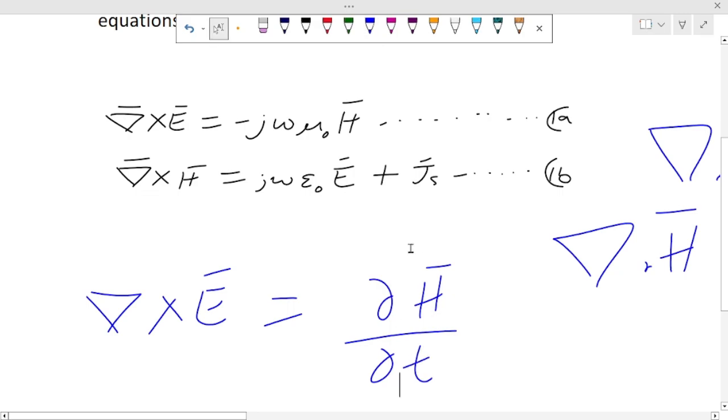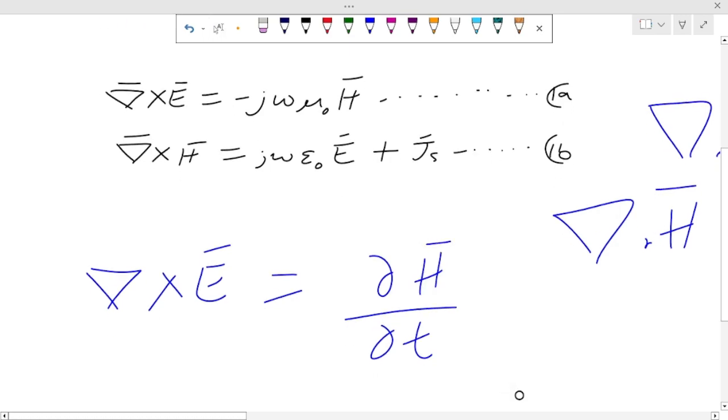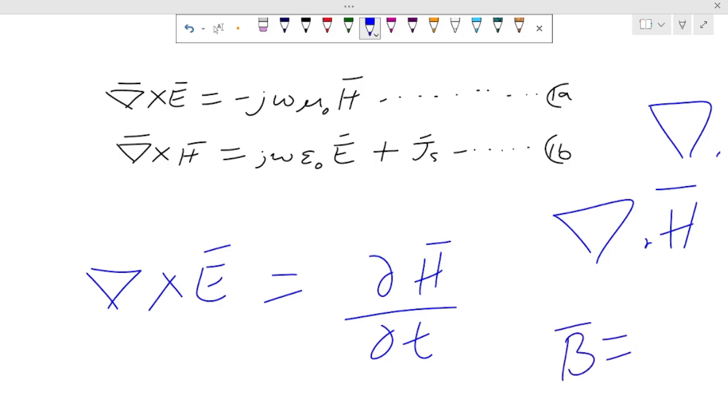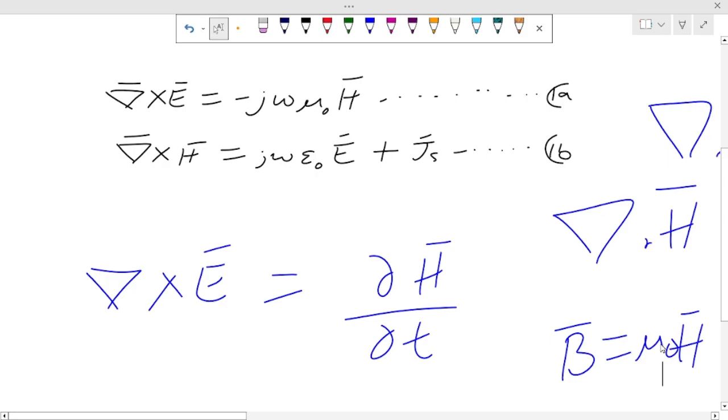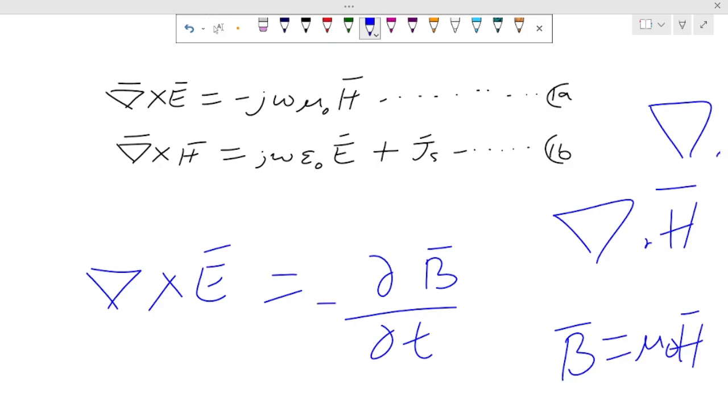Pardon me, we stated something earlier: magnetic flux density is equal to the magnetic field intensity multiplied by how this medium responds to space, the permeability. So anywhere you see this, you can write this. Normally, we are supposed to have this one here. The curl of an electric field gives us a changing magnetic field in the opposite direction.